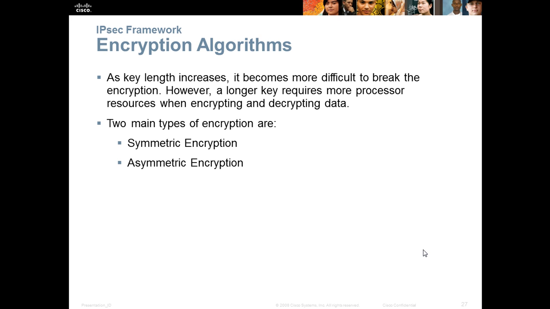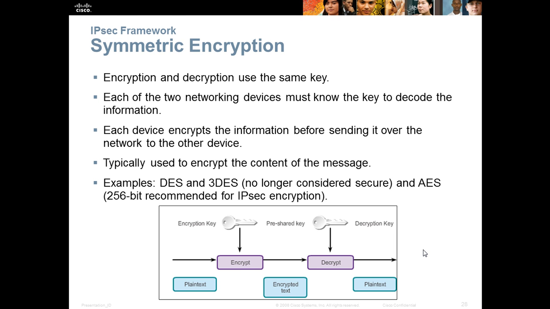The two main types of encryption are symmetric encryption and asymmetric encryption. In symmetric encryption, both the encryption and decryption processes use the same key. Each of the two networking devices must know the key to decode the information, and each device encrypts the information before sending it over the network to the other device.